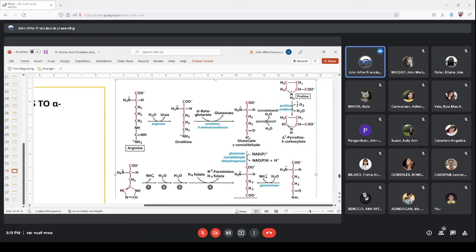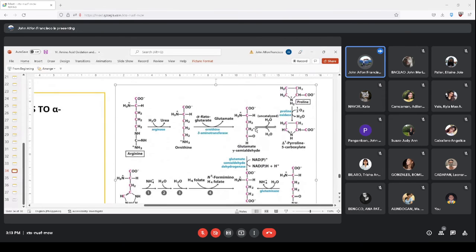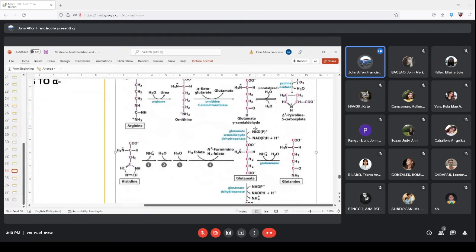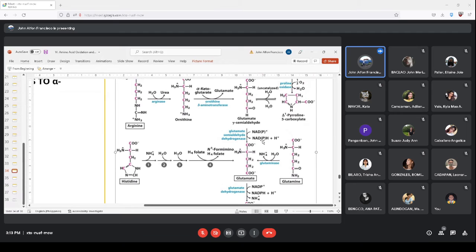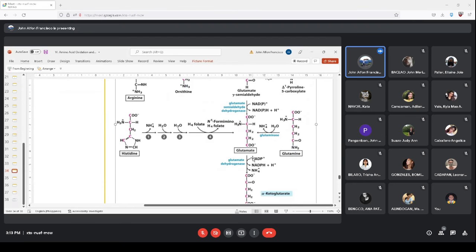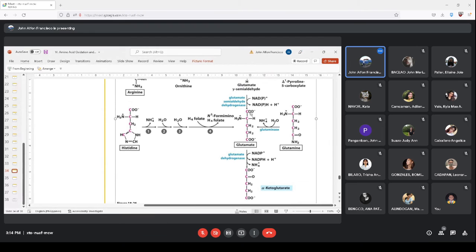Then it goes back to glutamate semialdehyde, which is the starting material for formation of your glutamate by just oxidizing it by NADP. Okay? So glutamate will move forward to ketoglutarate since it has a lot of carbon-containing skeleton.